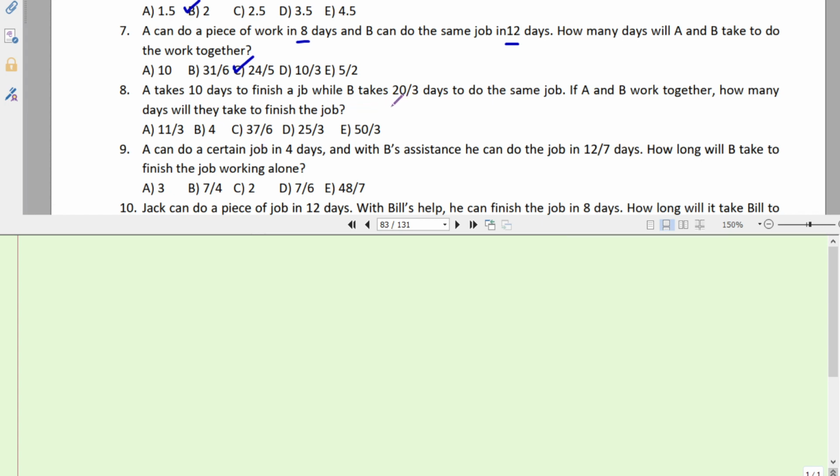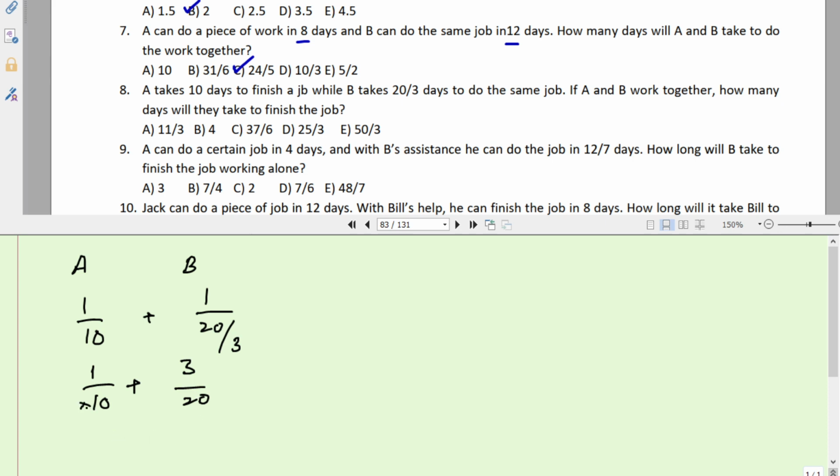1/10 and 3 over 20. You can write it 3 over 20 or 1 over 20 over 3. It's same. So now it will be 1 over 10 plus 3 over 20. So what's the LCM? 20, of course.